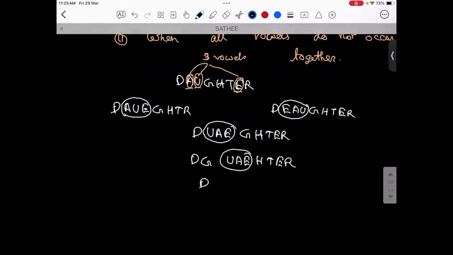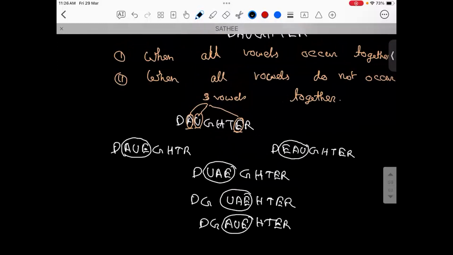Also for this, we can get again this form: A, U, E together, H, T, R. Fine. So you can see that there are this many cases, and there are more cases, but these are the types of cases I can get. Okay. So in the first case, the vowels will appear together.